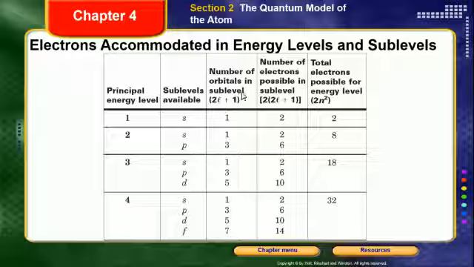So for each individual orbital, we can house 2 electrons. If you want to know the total number of electrons possible in an energy level, one of these n values, you simply go 2n squared. Or you can simply write this out. n is equal to 4.